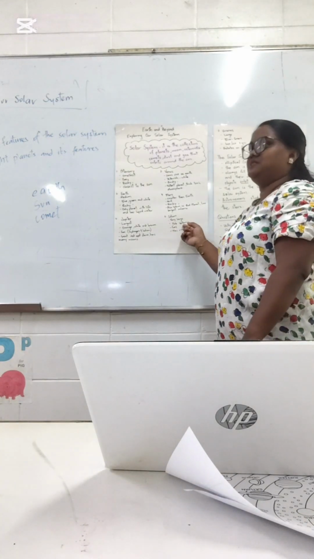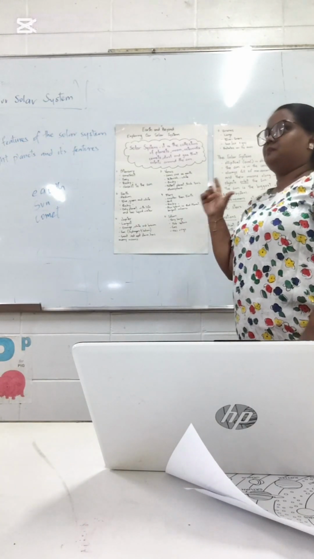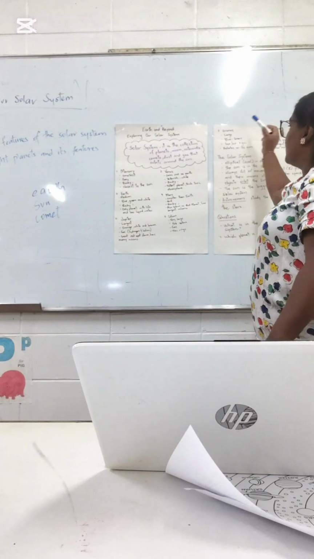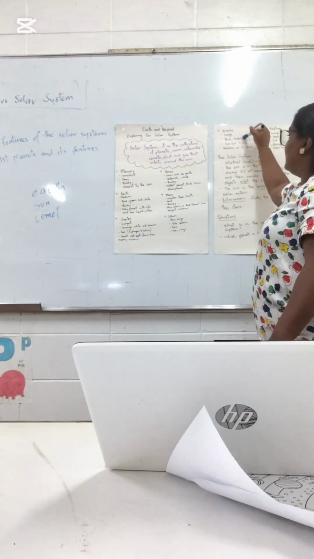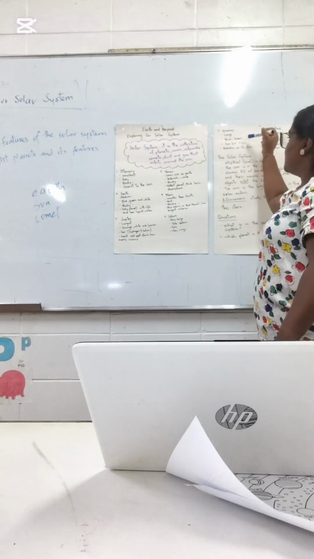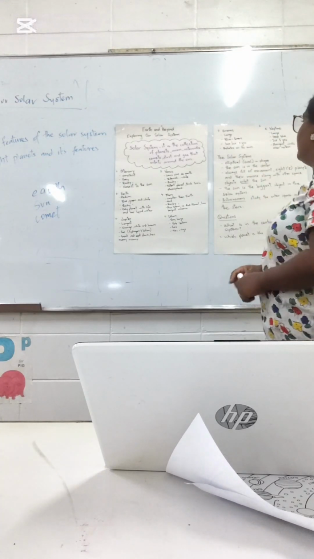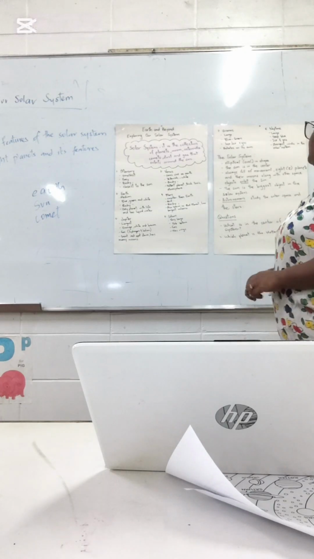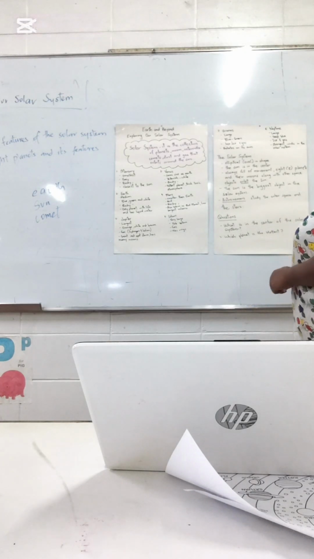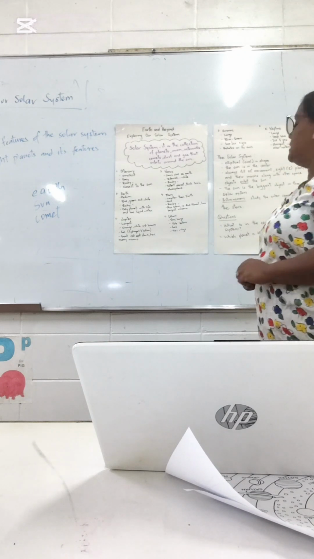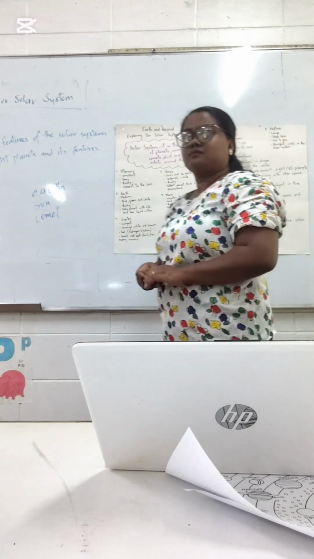Its main feature, if we see in our solar system, the planet with rings, that's Saturn. Then we have Uranus, large, blue-green in color, composition is ice and gas, rotates on its side. And the last planet that we have is Neptune. Large, deep blue, ice and gas, and its feature is the greatest ring in the solar system.